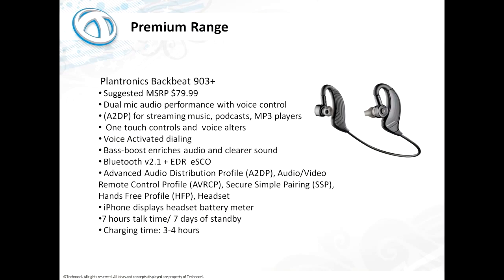And the last one we're going to talk about is the opposite. If you have someone who's active, on the go, you identify they work out at the gym, they like to stream a lot of music like I do, this is a great option. It's called Backbeat 903. Retails for about $80. Again, it's dual mic. It does feature, obviously, A2DP. It has noise cancellation.